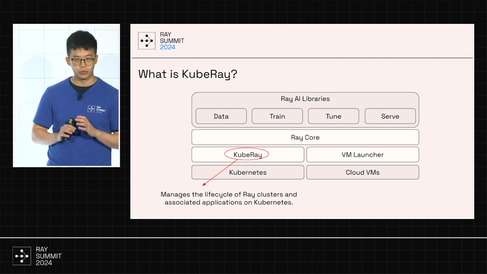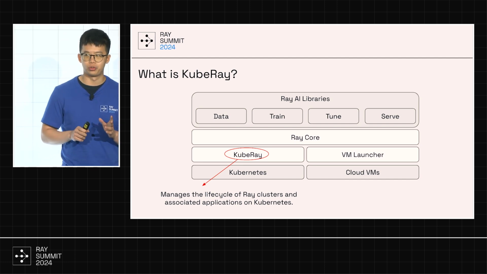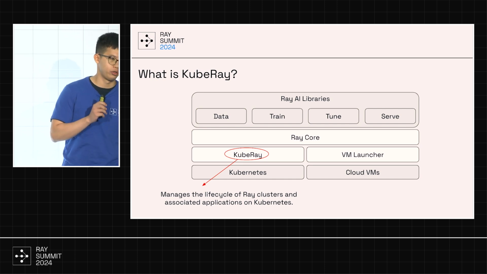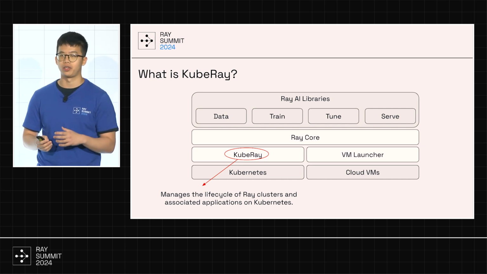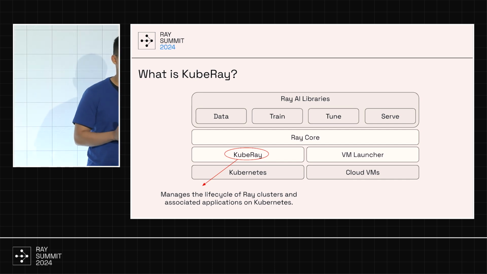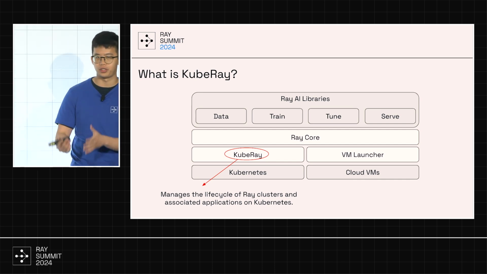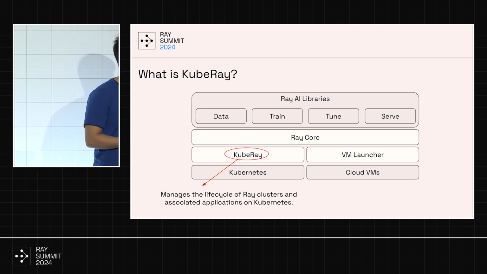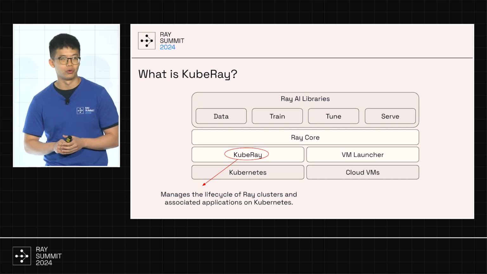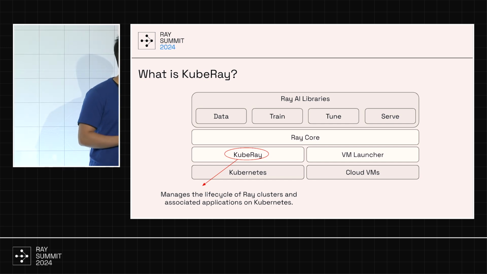In addition, the Ray community also offers two different deployment solutions for Ray, to help users productionize Ray. The first one is for virtual machines. You can deploy Ray on EC2 or GCE on the public clouds. In addition, you can also deploy Ray on Kubernetes. And KubeRay is the official solution for Ray on Kubernetes.